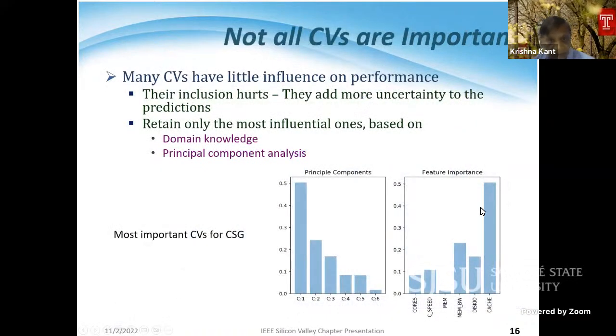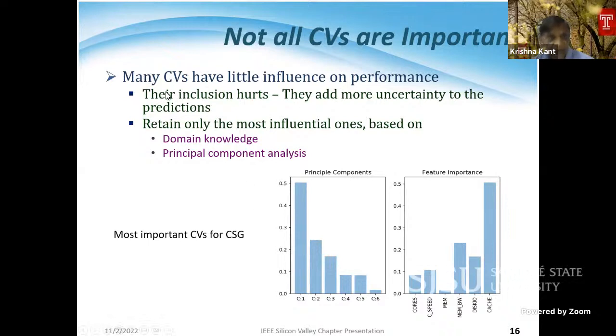Another thing that we noticed, and this is very important, is that if you just blindly use everything that you got in terms of the configuration parameters and dump it into a machine learning model, you don't get a very good result.